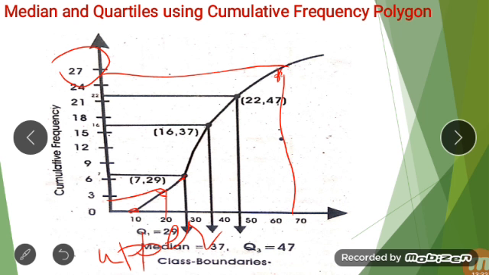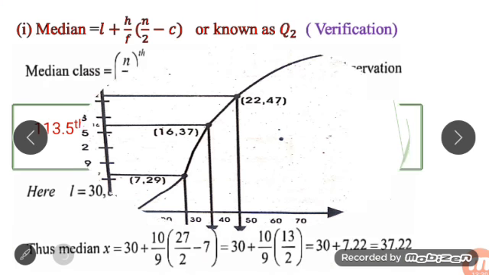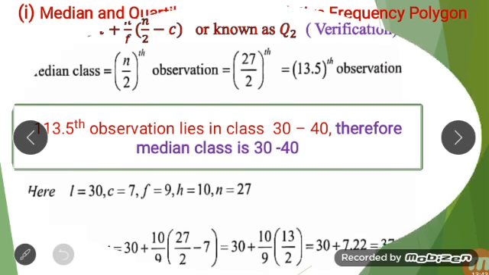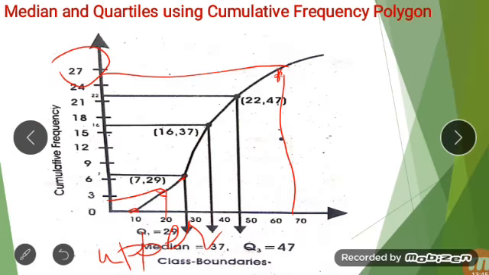Now when the cumulative frequency polygon is made, we have to determine the median. So we can see what the cumulative frequency of the median is. It is 16, so we have to find the 16. From here, on the y-axis, we draw a horizontal line segment so that it touches the frequency polygon.